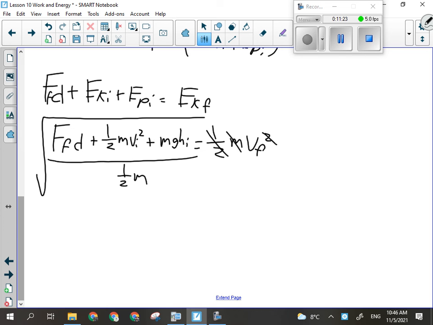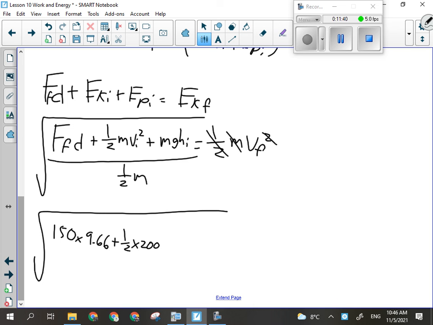So I'm going to take the force of friction, 150 newtons, times that 9.66 meters. So there's force times distance, plus 1/2 times, it was 200, right? 200 times 0.75 squared, that was my initial speed, plus 200 times 9.81 times 2.5, my initial height, so there's my initial potential energy.